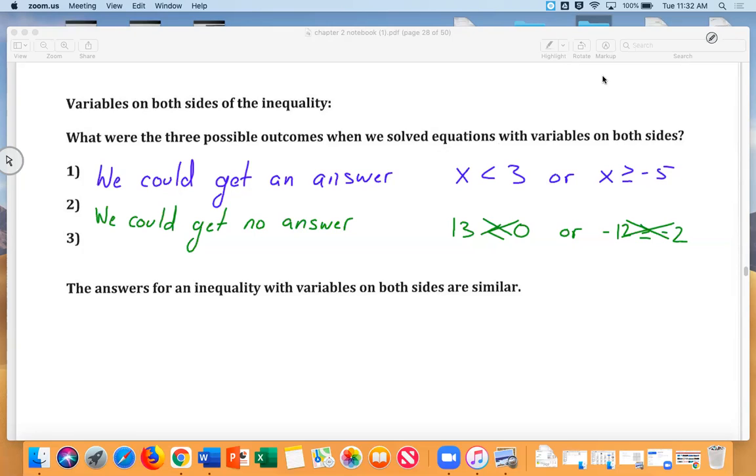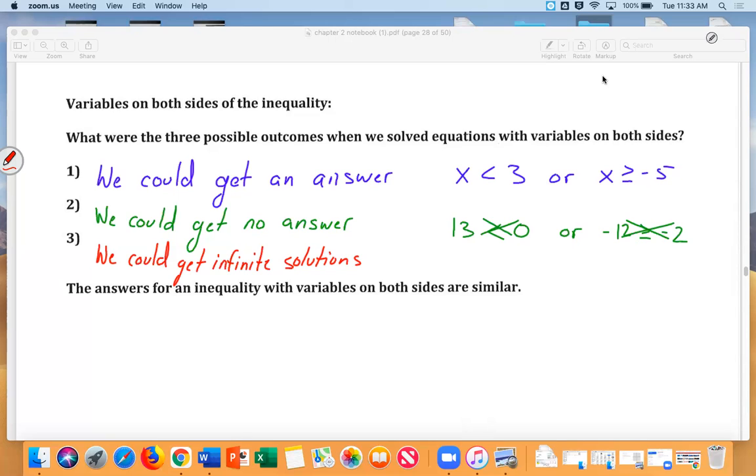And finally, we could get infinite solutions. And this would look something like 0 equals 0 when we were talking about equations, or 2 equals 2.